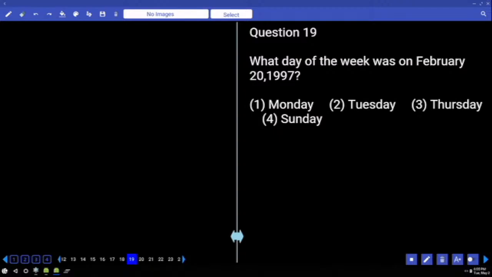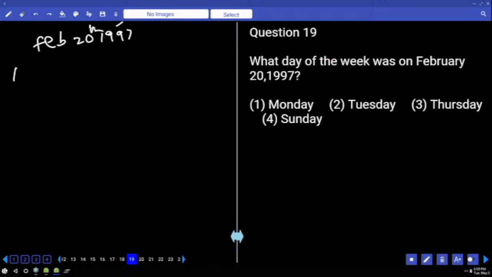Now we need to find out 20th February 1997. Now what is the year running now here? 1997. How many years were completed before this? 1996.